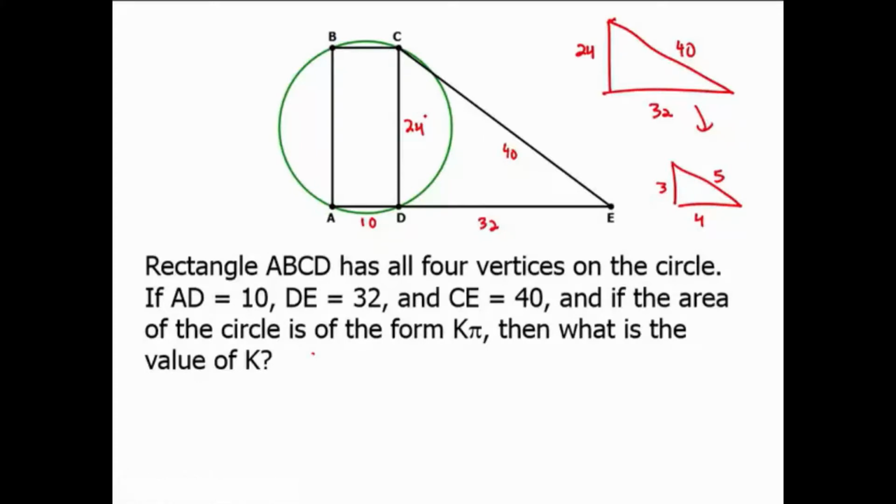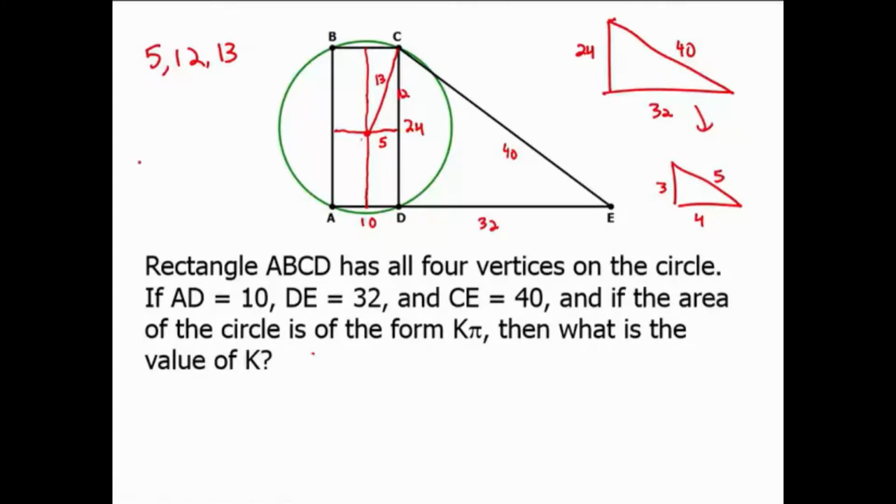That rectangle inside the circle is a 10 by 24 rectangle. Think about it this way. Divide it in half this way, divide it in half this way. And of course, that midpoint is the center of the circle. And so think about the radius of that circle. This is 5, and this is 12. Well, that has to be a 5, 12, 13 triangle. 5, 12, 13 is one of our Pythagorean triplets, and a very good one to know.